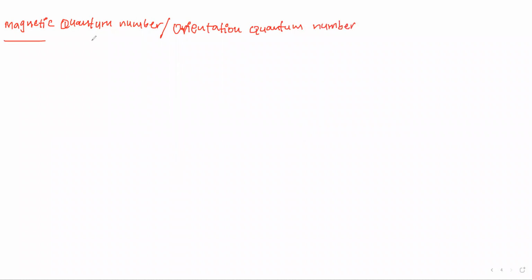Magnetic quantum number, or we can call this one orientation quantum number also.